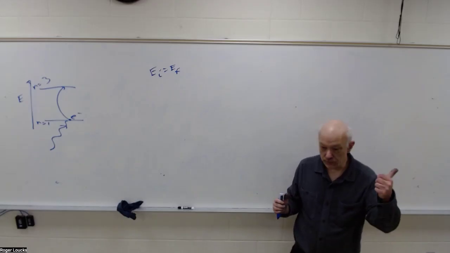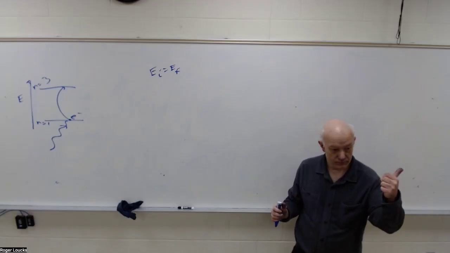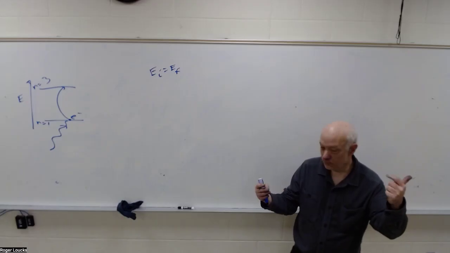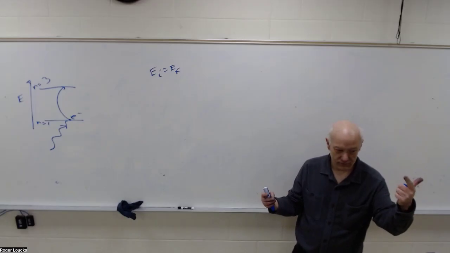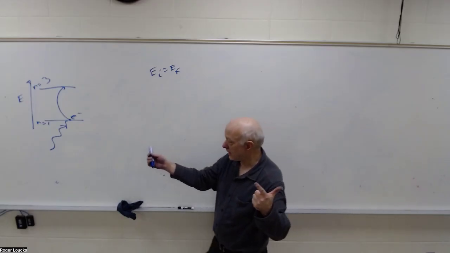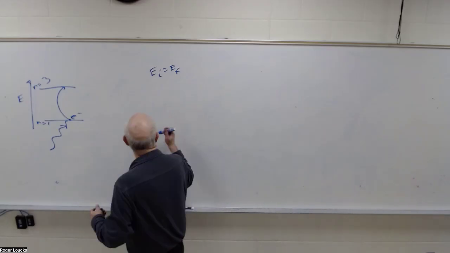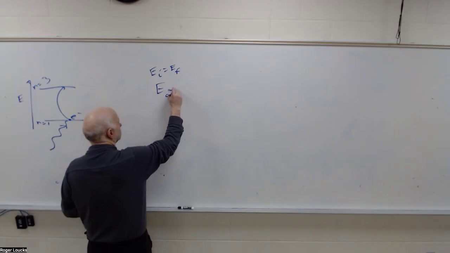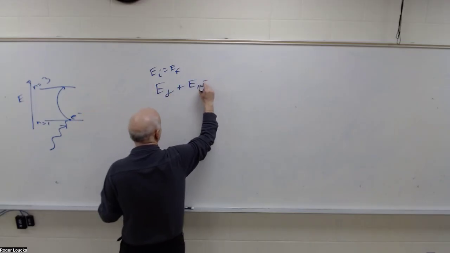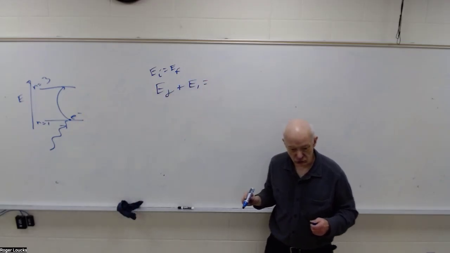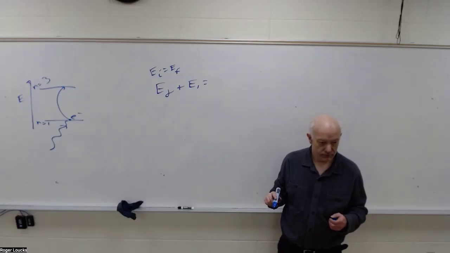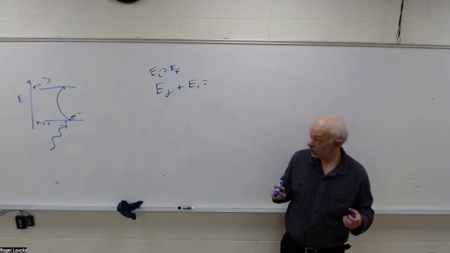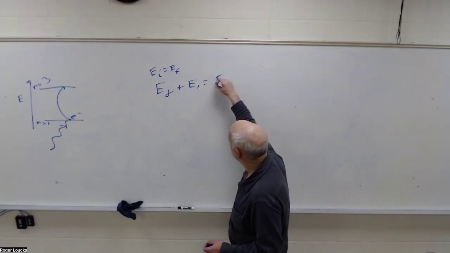The energy of the photon, plus the energy of the electron in the ground state. And where does all that energy have to go? Into the n equals 3 state.